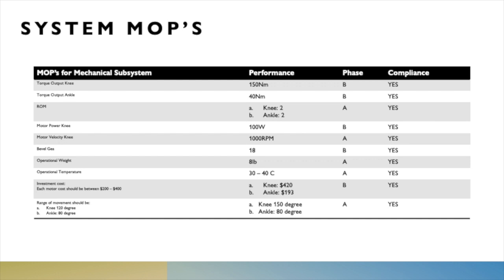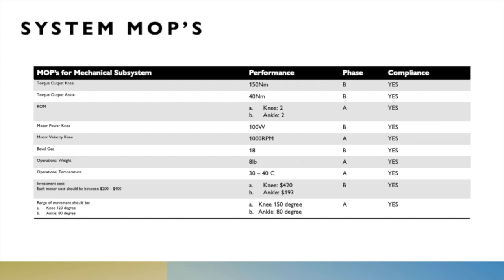Operational weight should not be more than 8 kilograms. Operational temperature between 30 and 40 degrees Celsius. Investment cost for the knee, $120. For the ankle, 193, and for the knee, 420.